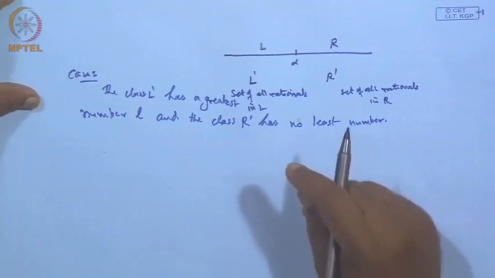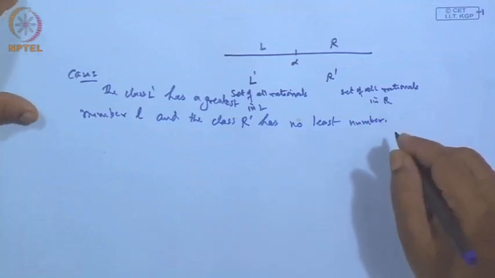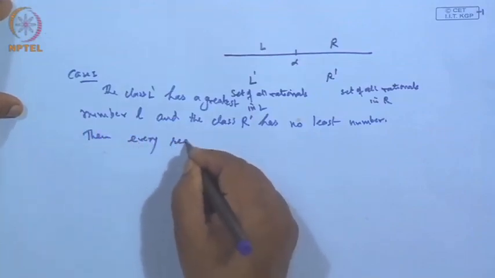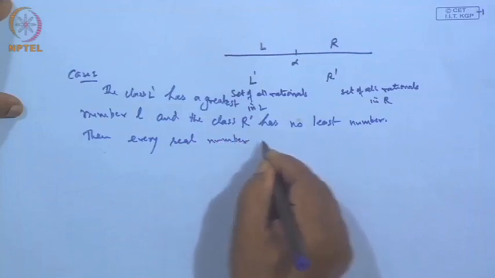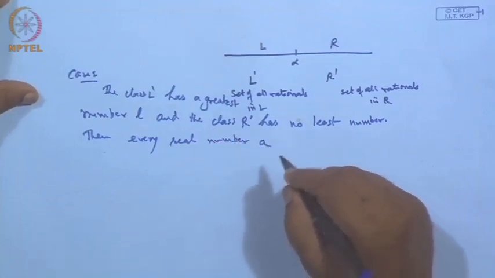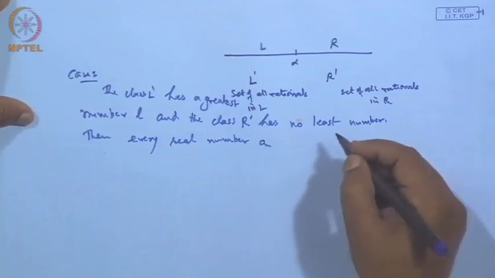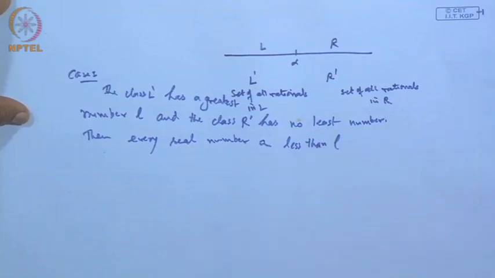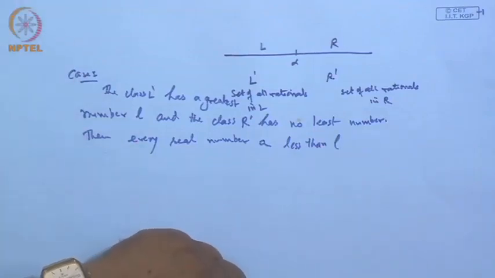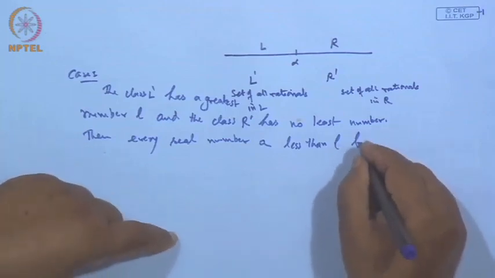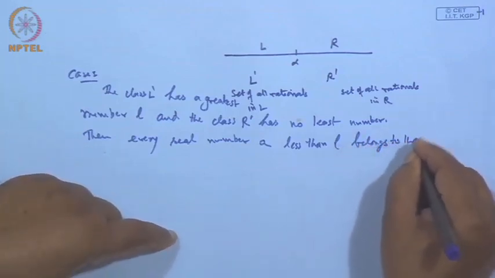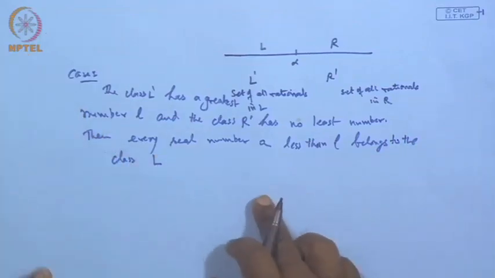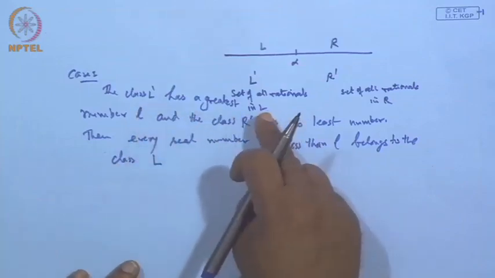Then every real number A which is less than L belongs to the class L. Why? Because L dash has a greatest number L.